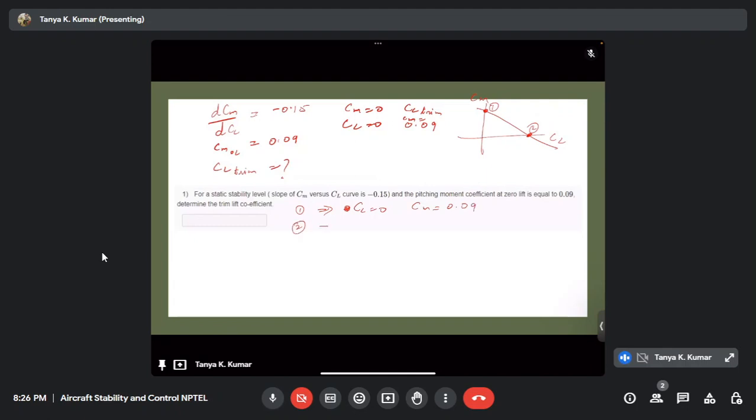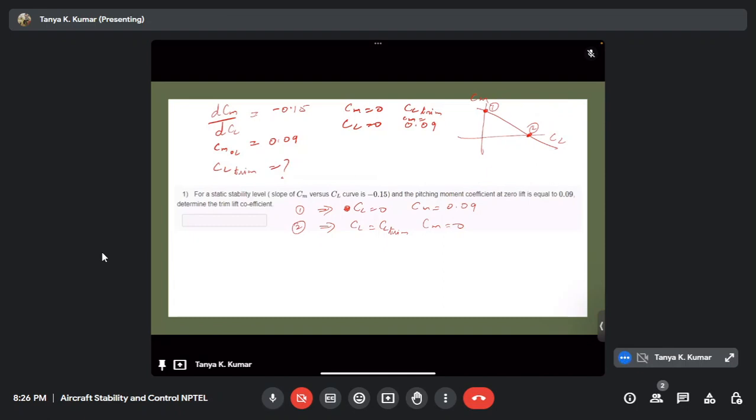At 0.2, what do you have? Cl equal to Cl trim and Cm equal to 0. So you take 2 points and you have the slope of the equation.